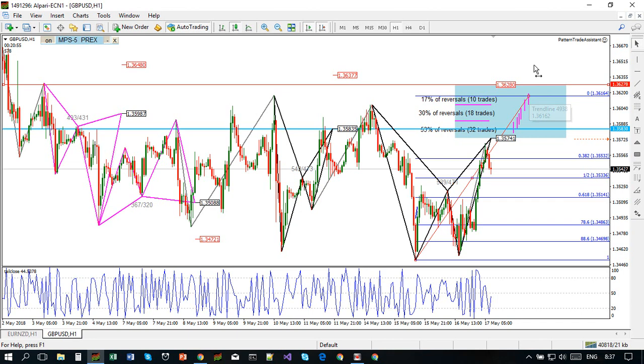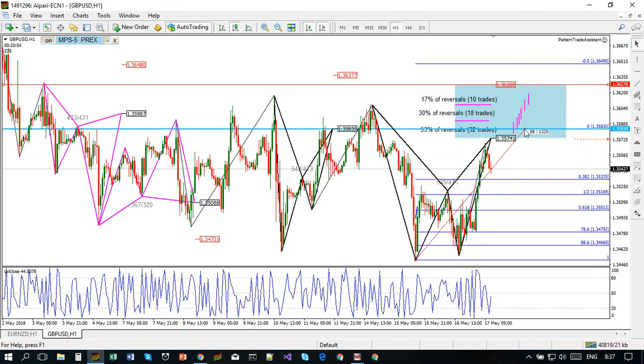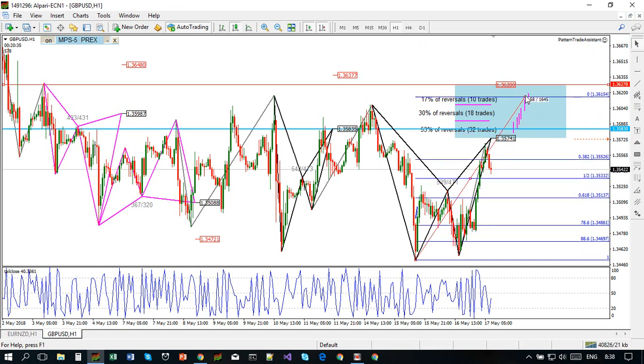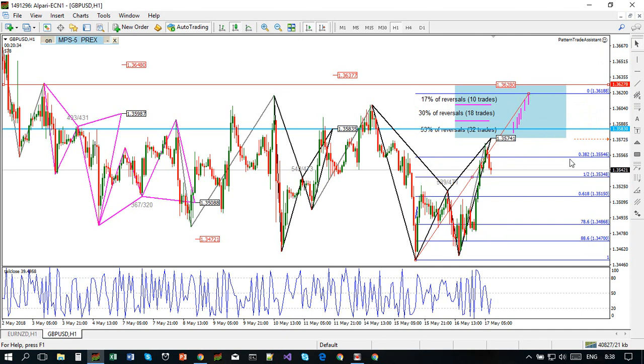Without that target adjustment, the probabilities are not what I told you. You will never have the 60% of hitting the 382. The statistic says that somewhere within this range, within this blue rectangle, you will have a reversal that gives you a 382 retracement.